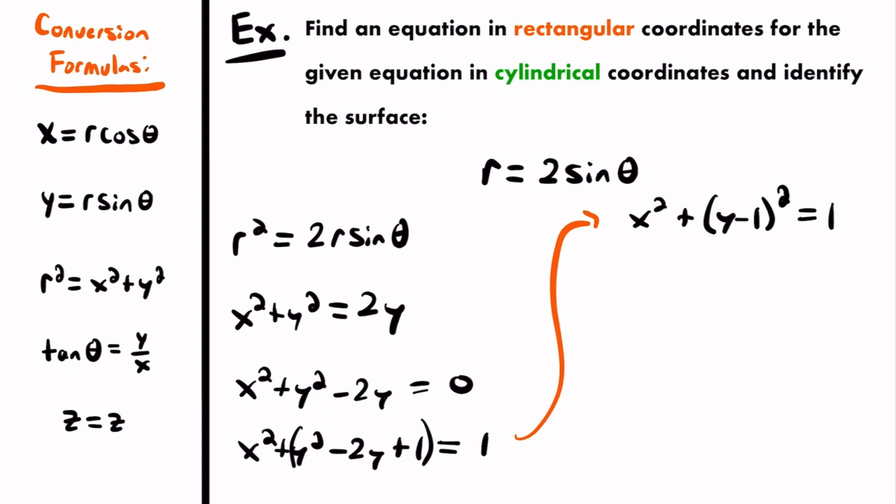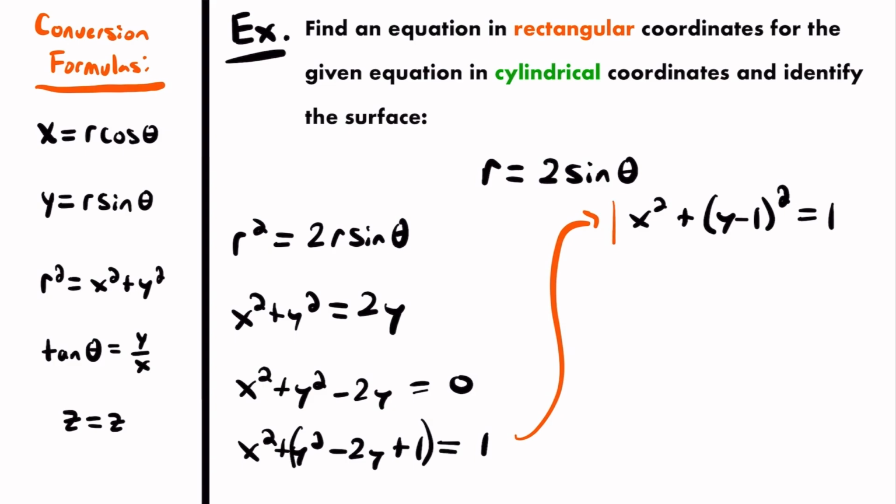All right, and now what we have is the equation of a circle, particularly a circle with a radius of 1. You would take the square root of the constant here to get that radius, and it's centered at (0, 1), right? We just have x², so the x coordinate is 0 for the center. And then since you're subtracting 1 from y, the y coordinate of the center will just be +1.